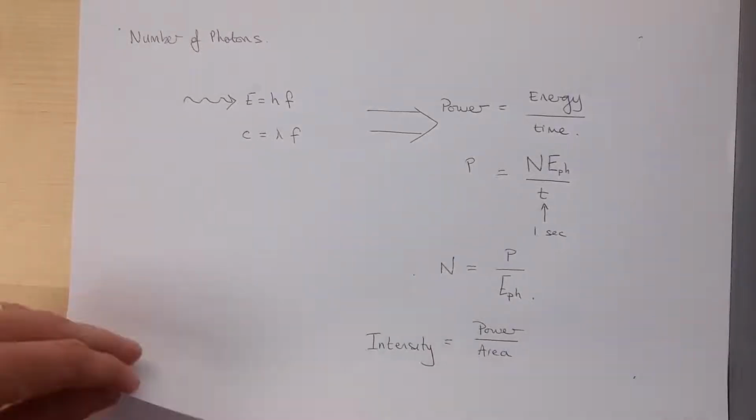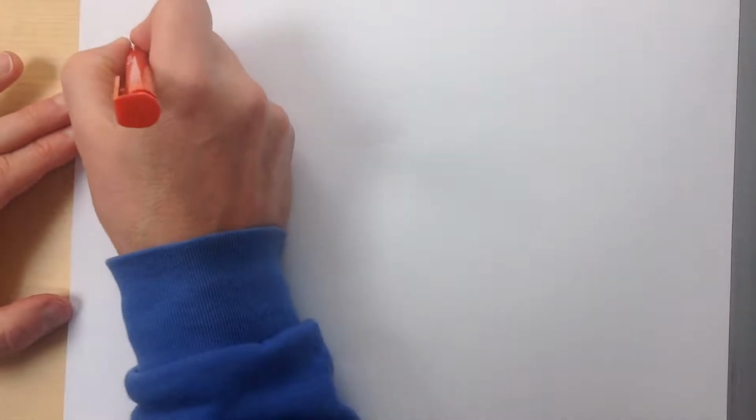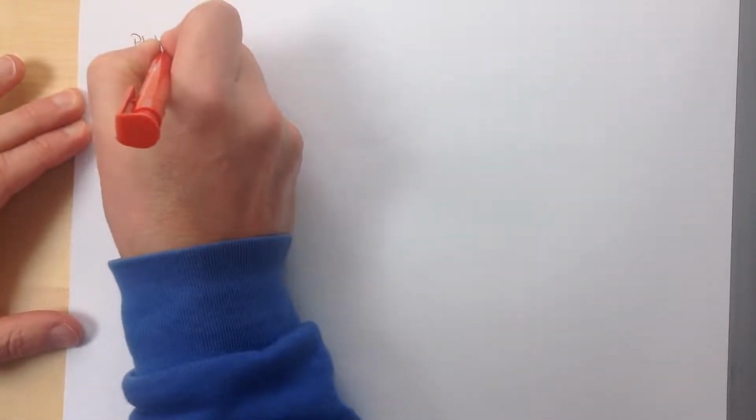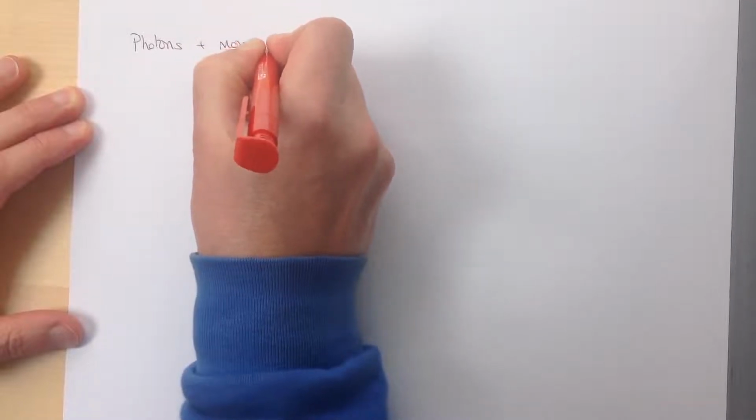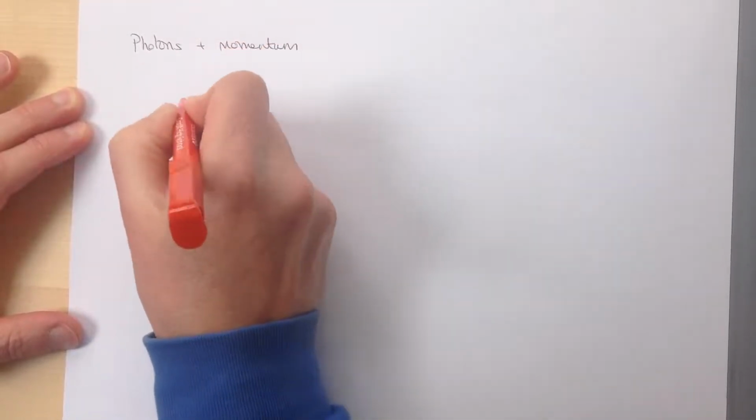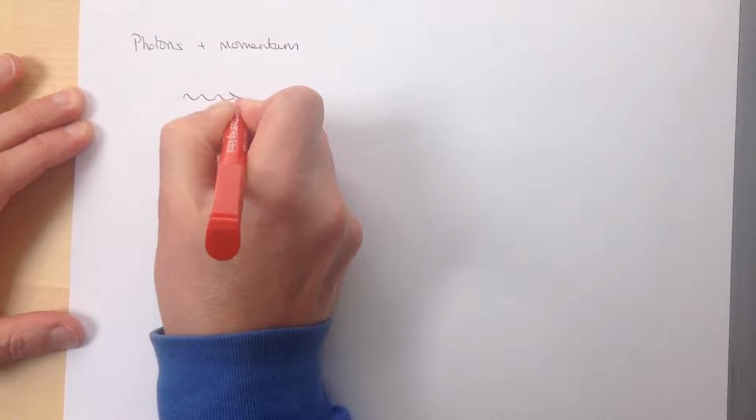The second thing I want us to look at is to do with momentum. And so photons have been found to have momentum. Now this is a strange thing to think about, because we think about the photon being a wave, and we might think, well, light in general doesn't actually affect us.